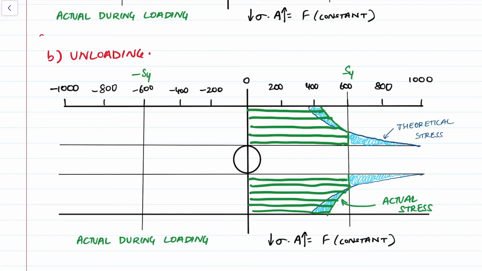Whenever you're drawing the diagram after you've unloaded the specimen, the first thing you would do is draw a line that goes horizontal from the point where you truncate the stress distribution diagram from the loading situation. So here, right? I need to make sure that I draw it at this point right here, and on the other side as well.